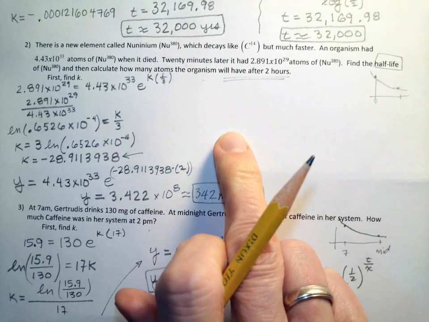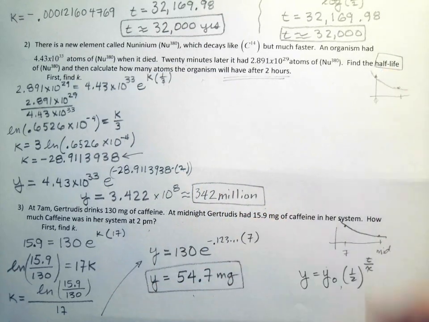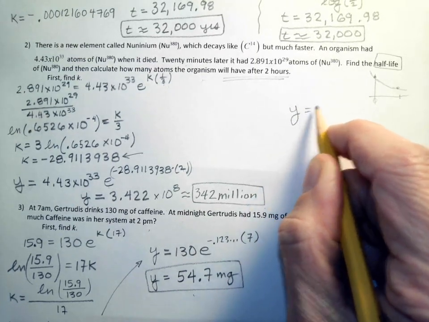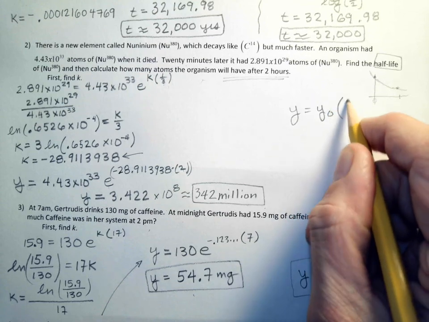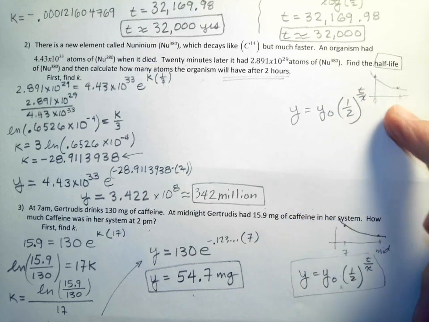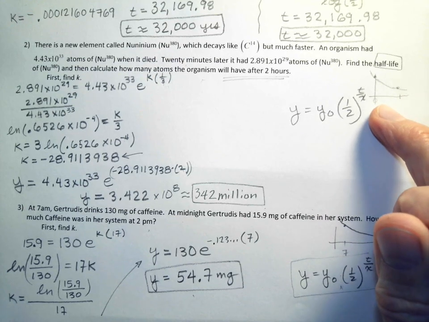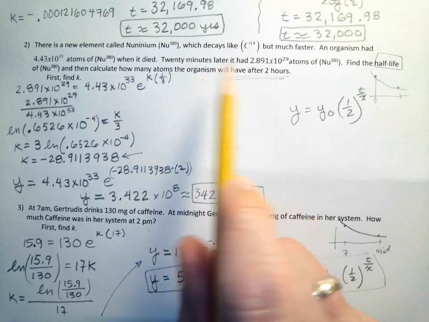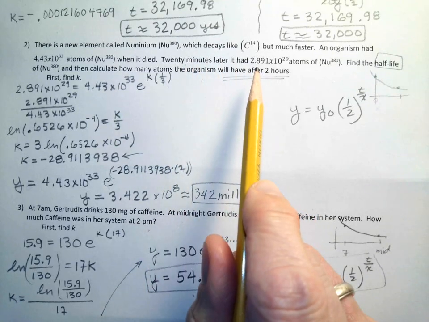So maybe for this one, because they were asking for the half-life, it would have been more direct and easier to use this formula. So up here, to have reused y equals y sub 0, 1/2 raised to the t over x. Remember, x being the half-life. And in this case, you would either use minutes or hours.